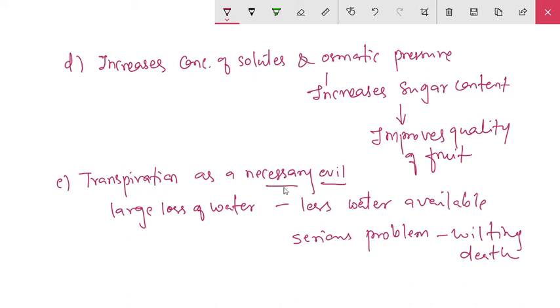The significance of transpiration: it is necessary for the circulation of water, for absorption of minerals and their distribution in the plant, for regulating the temperature of the plant, and to increase the concentration of solutes and the osmotic pressure. So it is known as the necessary evil.